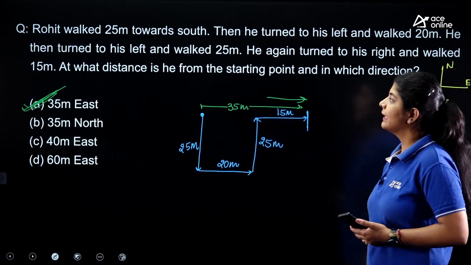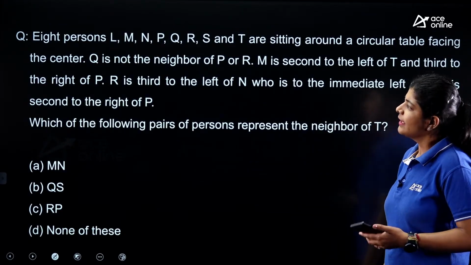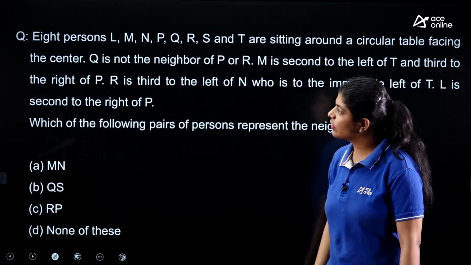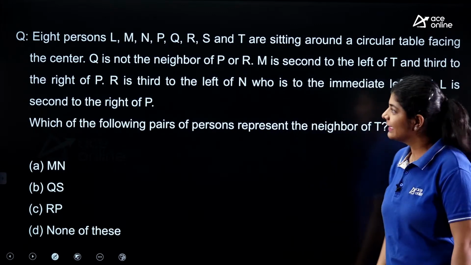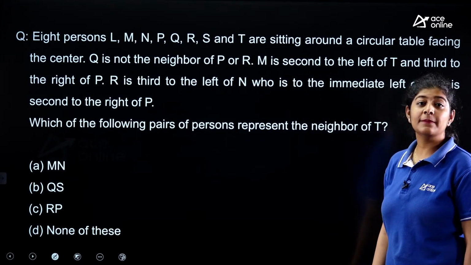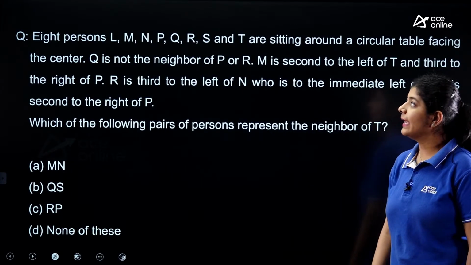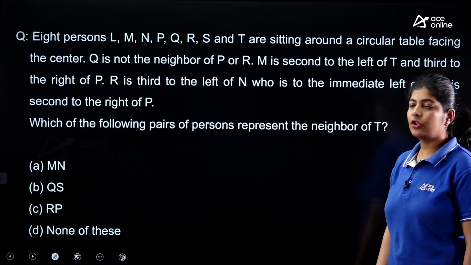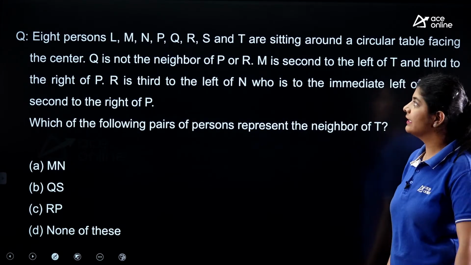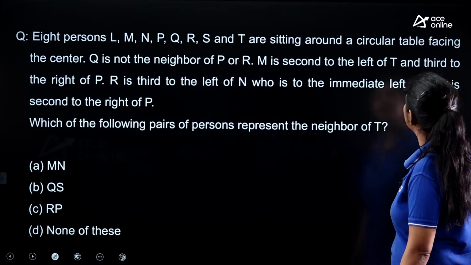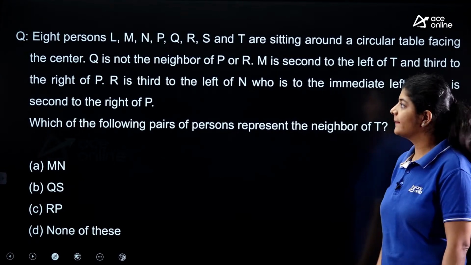Clear? Next. The next question is from the concept of a small puzzle. The question says that 8 persons, L, M, N, P, Q, R, S and T are sitting around a circular table facing the center.